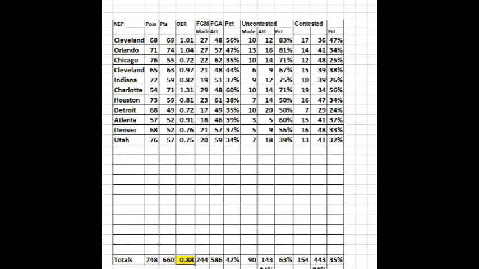So you can go down the list here now, and you can see there aren't as many OERs over 1 point in this group, because these possessions will not give you good OERs. And if you look at the bottom, you can see that it was 0.88 OER.